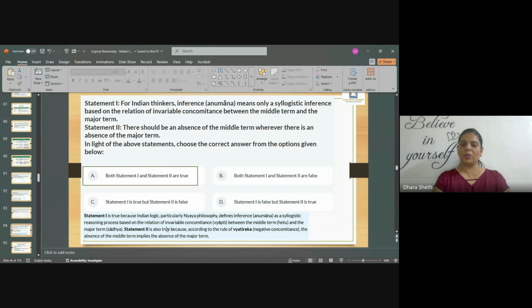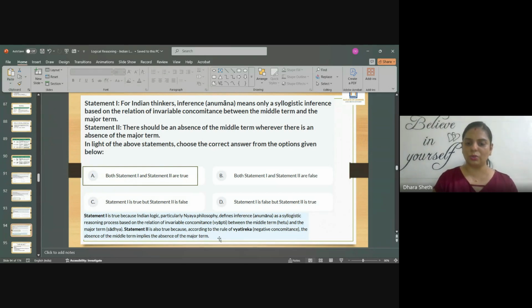Statement 1 is true because in Indian logic, particularly Nyaya philosophy, defines inference as a syllogistic reasoning process based on the relation of invariable concomitants, vyapti, between the middle term and the major term or sadhya.